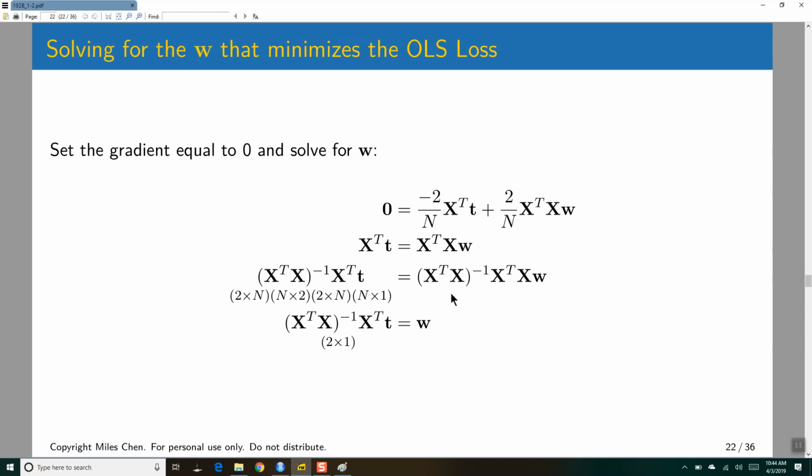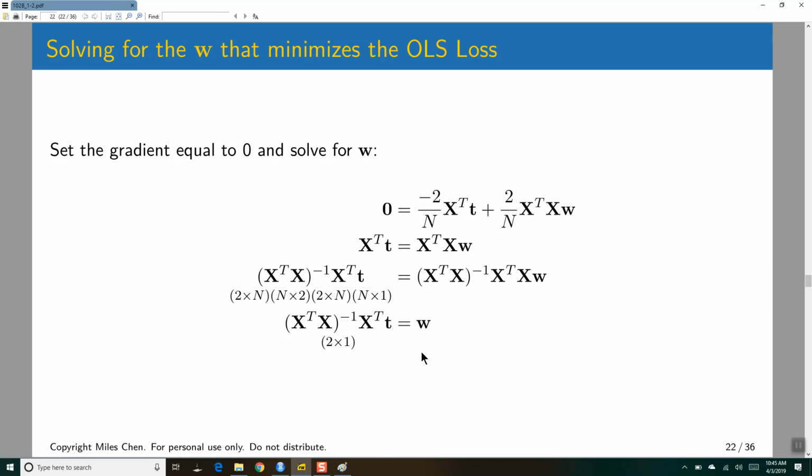If I multiply both sides by the inverse of x transpose x, and just think of this as a matrix, not as a series of operations, but as the matrix that represents the inverse of x transpose x, we will be left with w. And so you have w is equal to x transpose x inverse x transpose t.